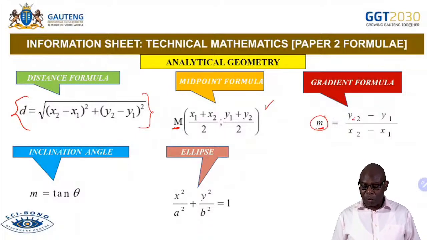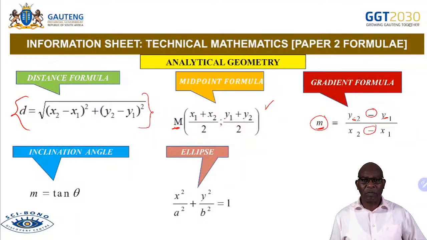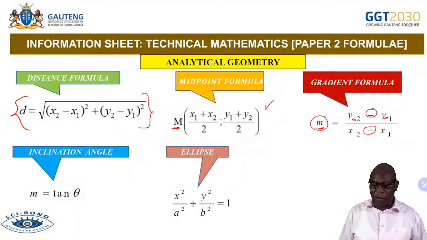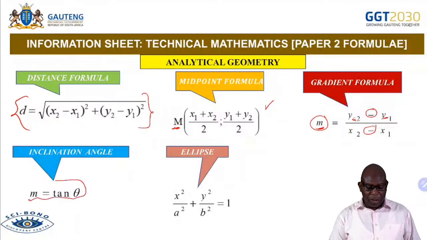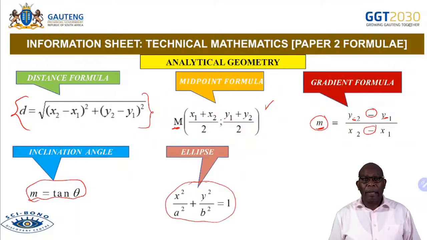It's y2 minus y1, not plus. You can see the minus, because mostly in our final examination we find that many learners have written a plus sign, even though they have the formula sheet with them. So please make sure that we check that. The inclination: the gradient equals the tangent of an angle. And the formula for the ellipse is x squared over a squared plus y squared over b squared equals 1.